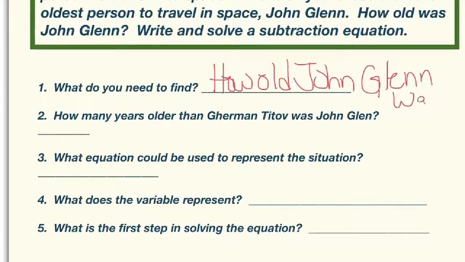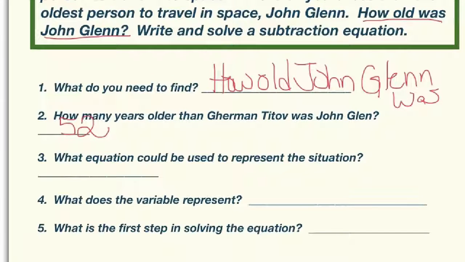That's the question that's being asked. You can always look and see in the problem: how many years older than German Titov was John Glenn? He was 52 years less than the oldest person, so that means that John Glenn was 52 years older than him.